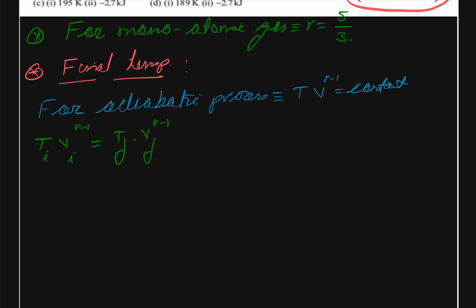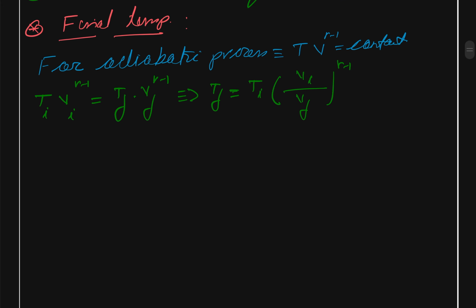And from here we can write the final temperature will be equal to the initial temperature times the ratio of initial volume to final volume, to the power gamma minus 1. Gamma is 5/3, and all these things are given to us. We simply substitute them.